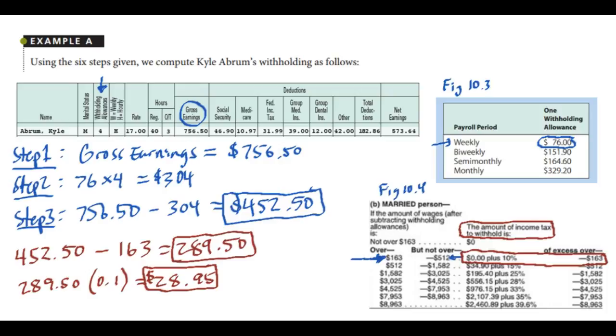I do want to specify which step comes after step 3. I did forget to mention that. This is step 4 right here, and this is step 5. You'll notice that we did not have a step 6 for this, because step 6 is adding the amount that you have right here, and there's nothing to add.